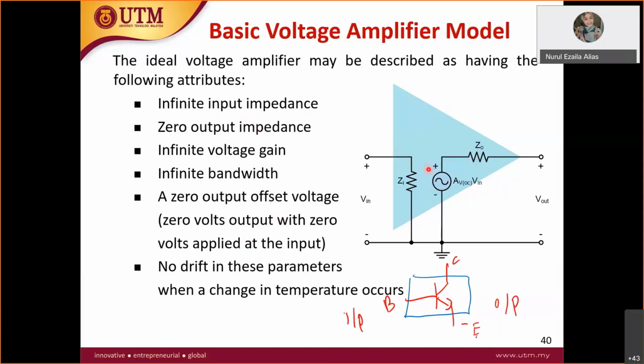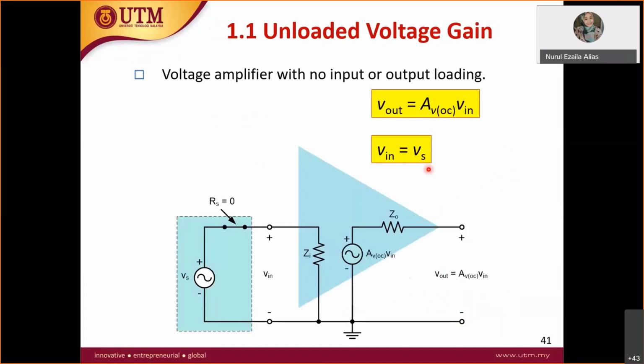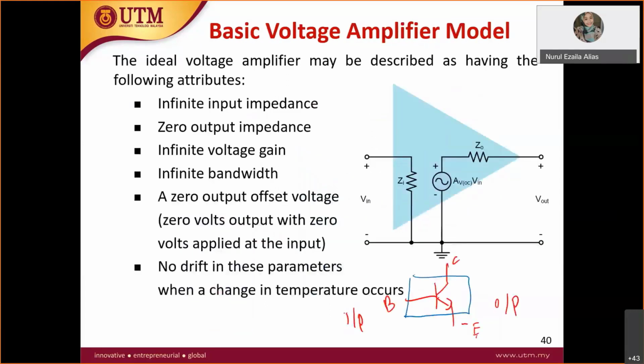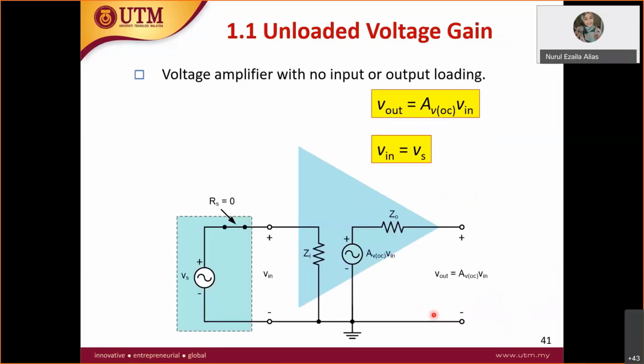So let's take a look at what it looks like. This is how it looks. Like I said, this is your BJT, this is the input part of your circuit, and this is the output part. There will be a lot of resistors connected to your BJT. However, when we convert it into an amplifier model, it looks like this.